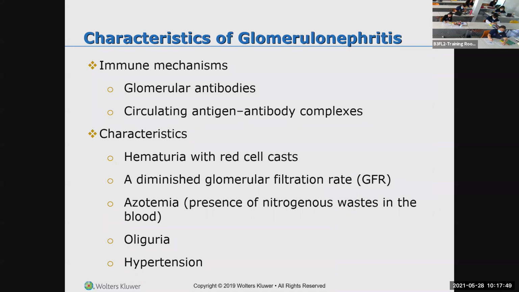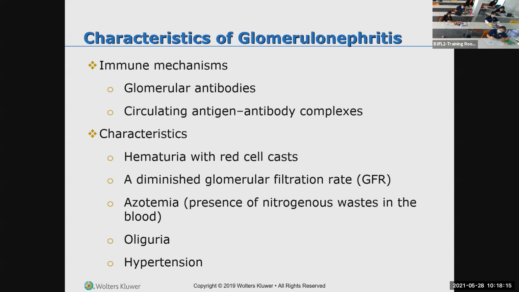Highlight number 3. These are all important characteristics of a patient with glomerulonephritis. Azotemia. Azotemia is a condition when nitrogenous waste products accumulate in my blood. Normally, nitrogen waste products are filtered out.